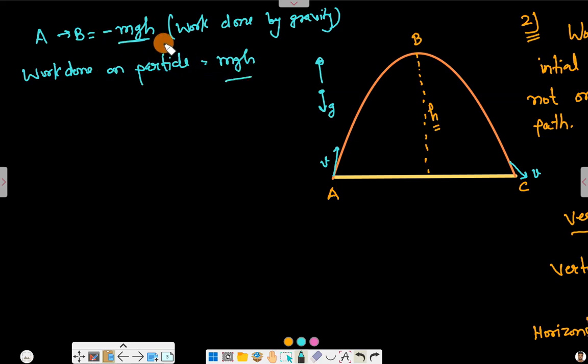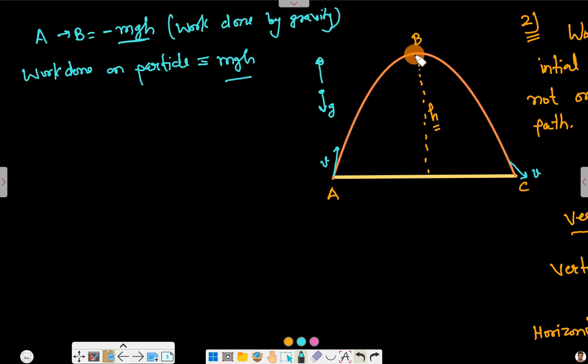You just have to remember the signs, because the object is going upward, so its energy is increasing, so there is positive work done on it, and that work is done by some force. That force is gravity. It is losing energy and the particle is gaining energy. So gravity has lost some energy, that is minus mgh, when the particle went from A to B.